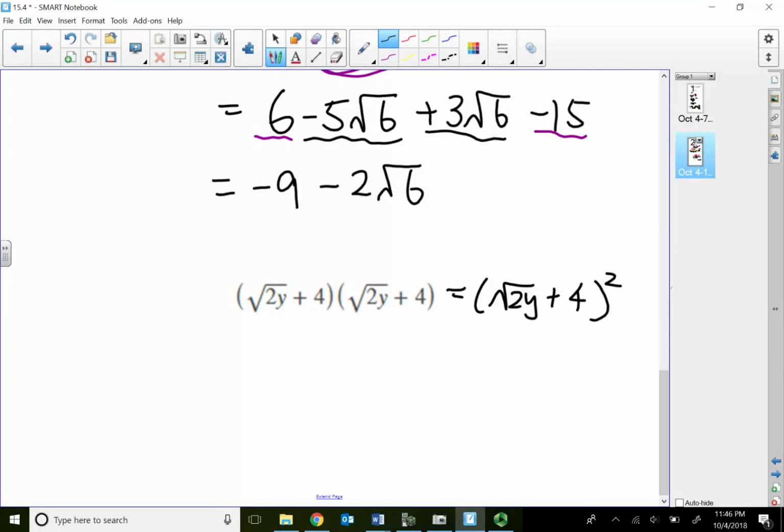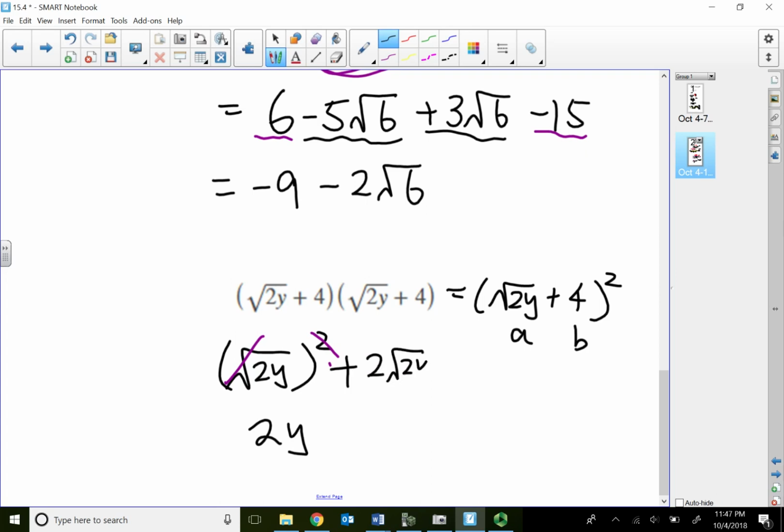So I just want to refresh your memory. If we go with the perfect square binomial, square root of 2y is your a, 4 is your b. So your a squared will simply be, well, square and square root cancel out, so that would just be 2y. Plus 2 times your a times your b, 2ab.